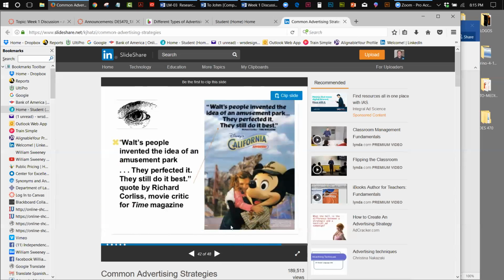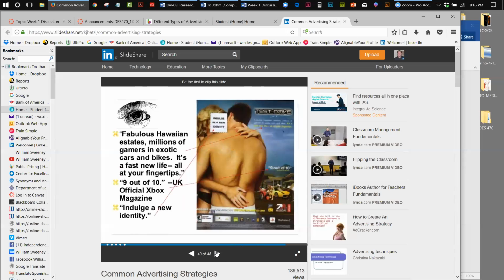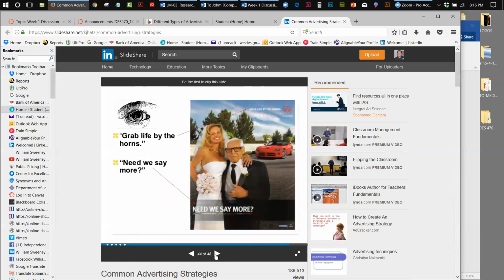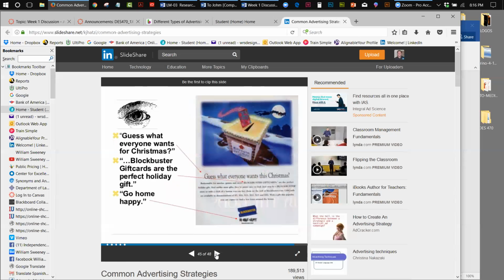But then, of course, it is Disney's California. And this one here: fabulous Hawaiian estates, millions of gamers, exotic cars and bikes, fast new life, all at your fingertips. Grab life by the horns, need we say more? Yeah. So there's all these different ones in here.